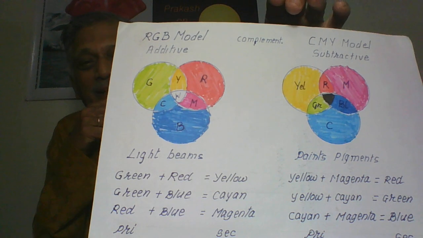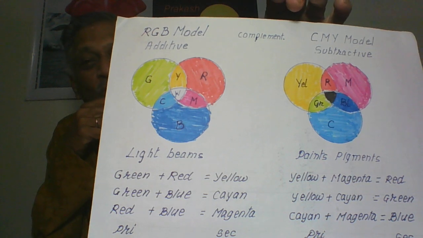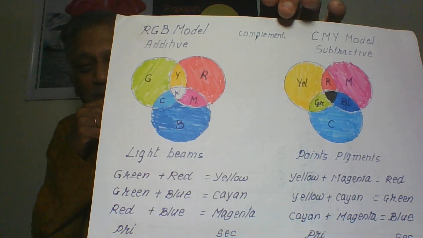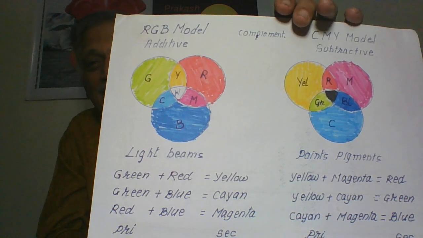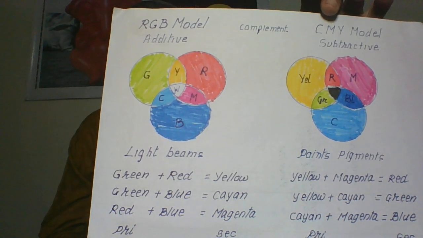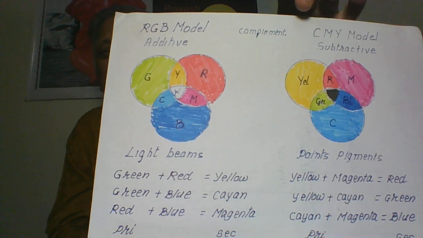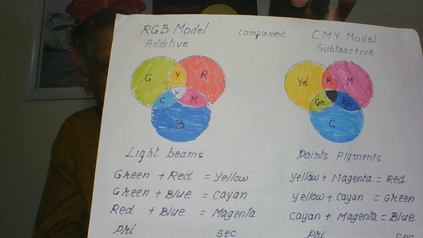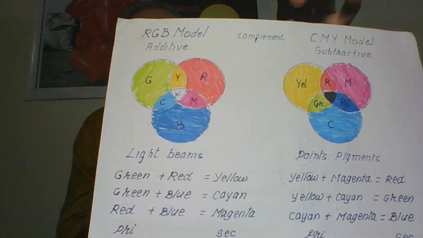If you print or paint them on each other, yellow will absorb blue from cyan and cyan will absorb red from yellow, and so you will find that in the combination green will not get absorbed. So, naturally when they are painted on each other, what you would have is green. So, yellow and cyan when painted on each other result in green. That is how these combinations seem to work out.